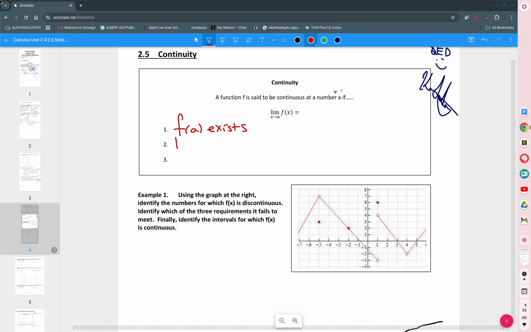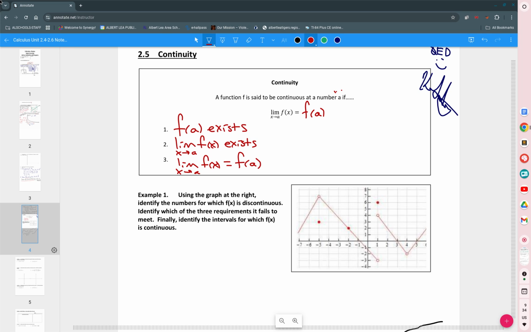Second, the limit as x approaches a of f of x must exist. And the third requirement for continuity is that the limit as x approaches a of the function must also be equal to the function value. So the true definition for continuity is the limit as x goes to a of f of x is in fact f of a.